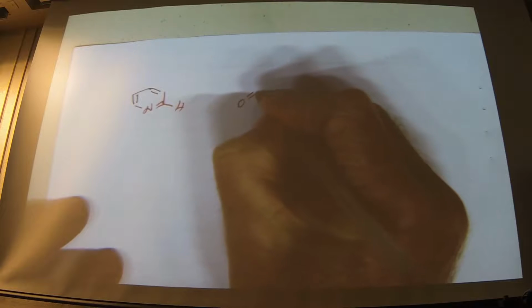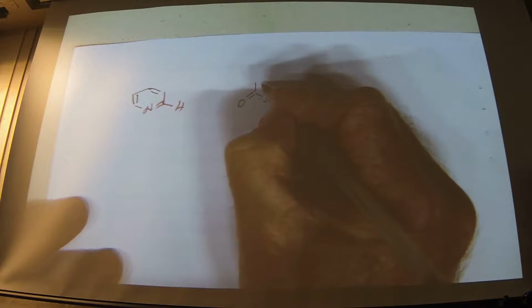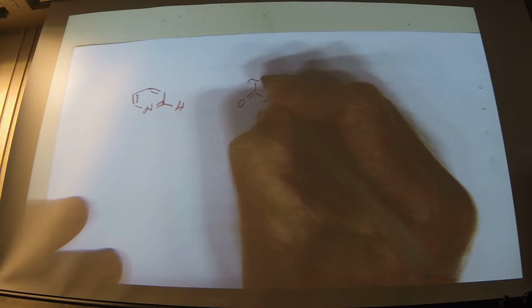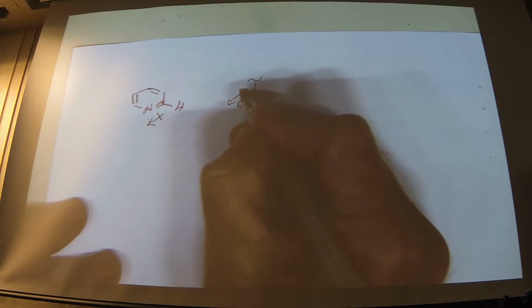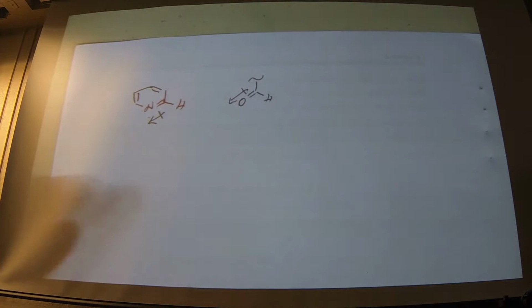Okay, so this should remind you also of an aldehyde. So if I have this, or if I have that, I always have a polarized carbon-heteroatom bond, and so the same kind of reactivity that we've seen for ketones and aldehydes, we also see for pyridine.